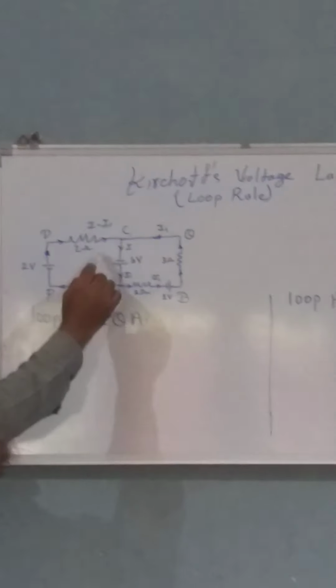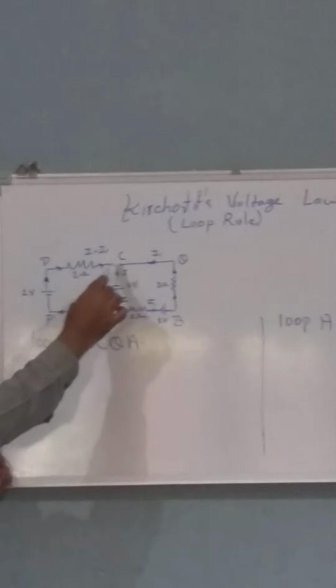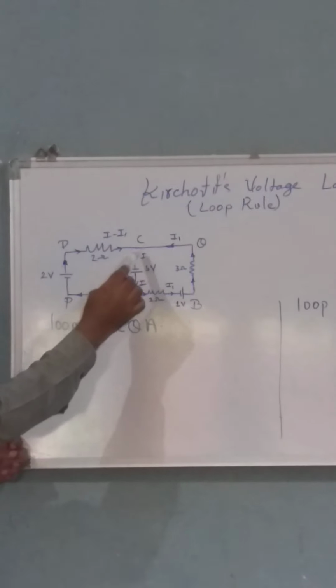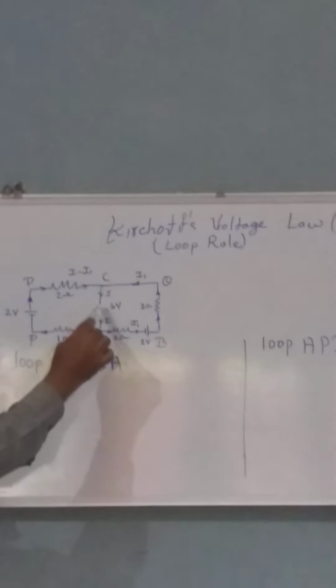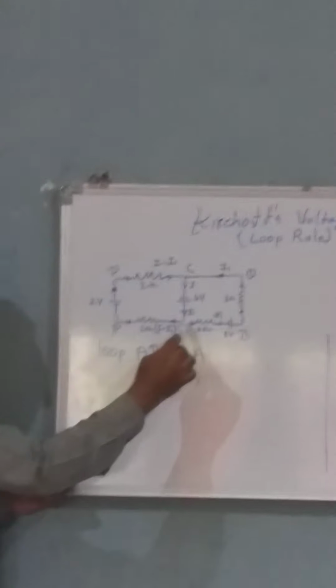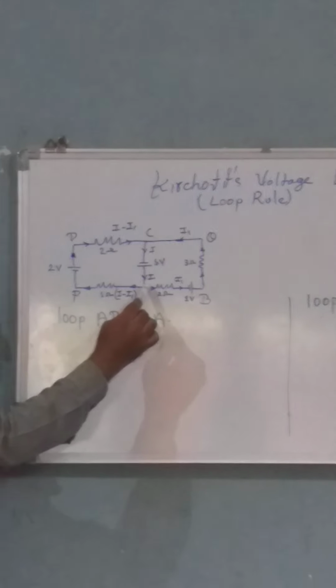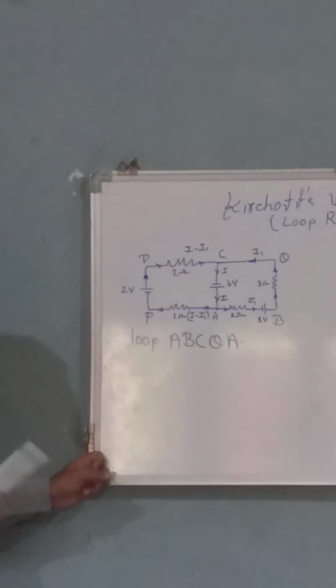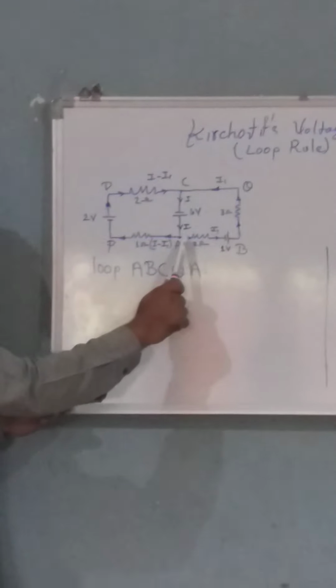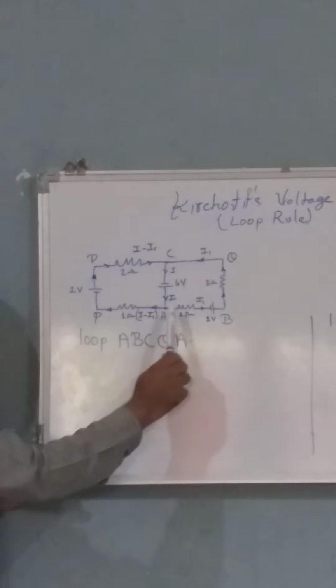Now, as far as the currents which I have taken in this particular loop, just consider these two nodes or junctions, C and A. If you consider this is the current I, it is flowing towards A. At junction A, according to Kirchhoff's current law, this current is going to get divided in these two directions.